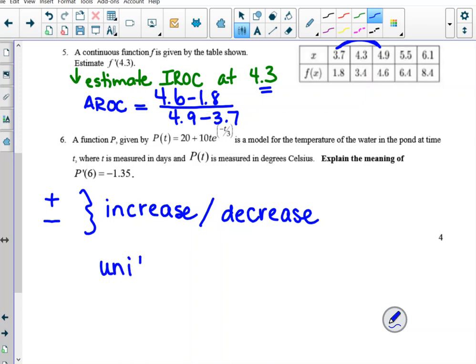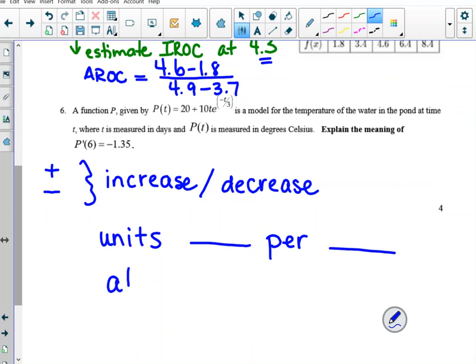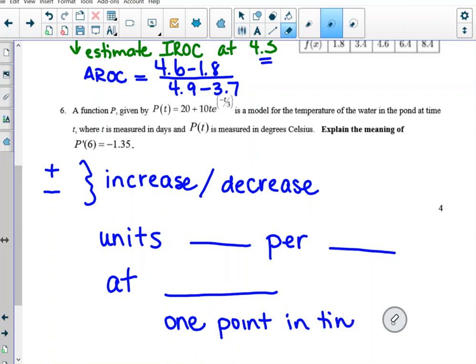We need to have units, so something per something, at, and we have to specify the one point in time when that's happening.